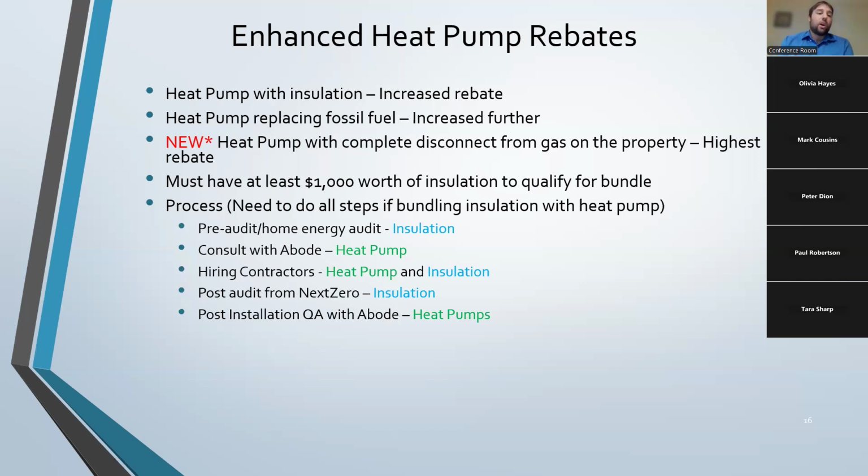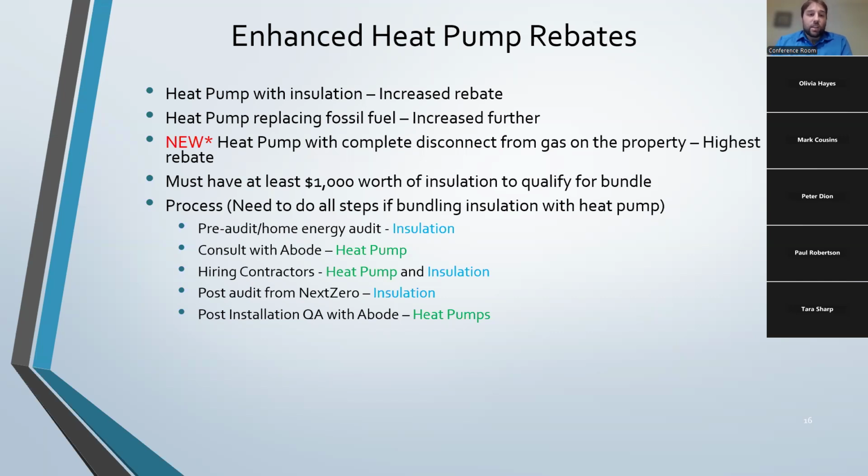The process for this depends on whether you're doing heat pumps and insulation. If you're doing insulation, you have to do all the insulation rebate steps, which include a pre-audit with NextZero, hiring contractors, and then a post-audit once that's done, also through NextZero.